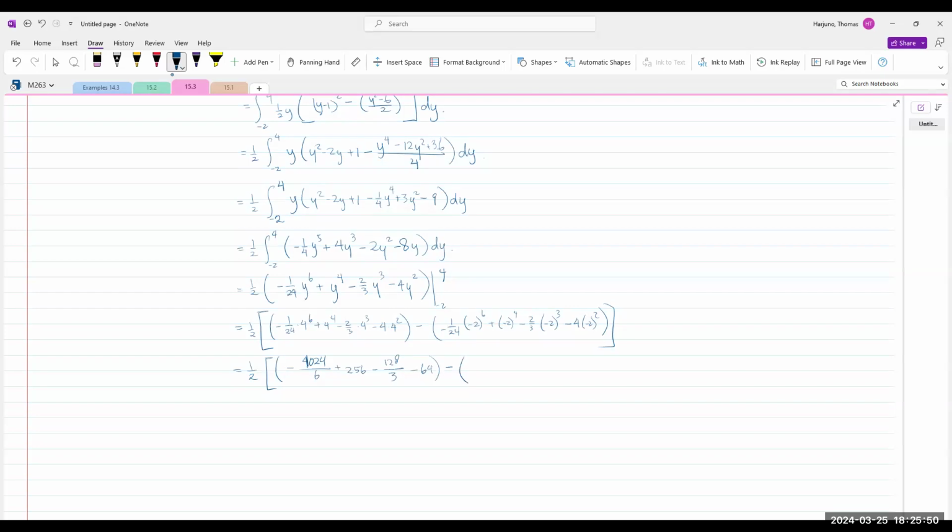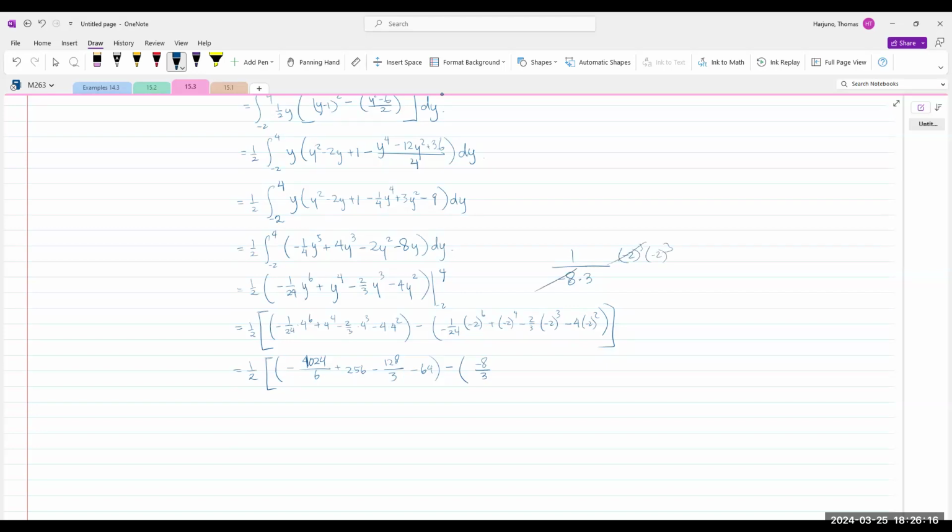Okay, so then what will this be? I have -8, -8 over 3, is it right? So it's 1 over -8 times 3, that's -24, and then -2 cubed times -2 cubed.